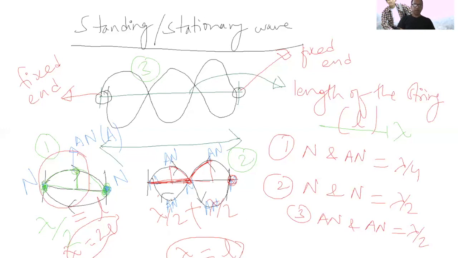Now we can define the wavelength in terms of antinodes as well. In this case, there are two antinodes. As I already told you, the distance between two consecutive antinodes is lambda over 2, right? How many antinodes are involved in this case? The number of antinodes involved is 2.